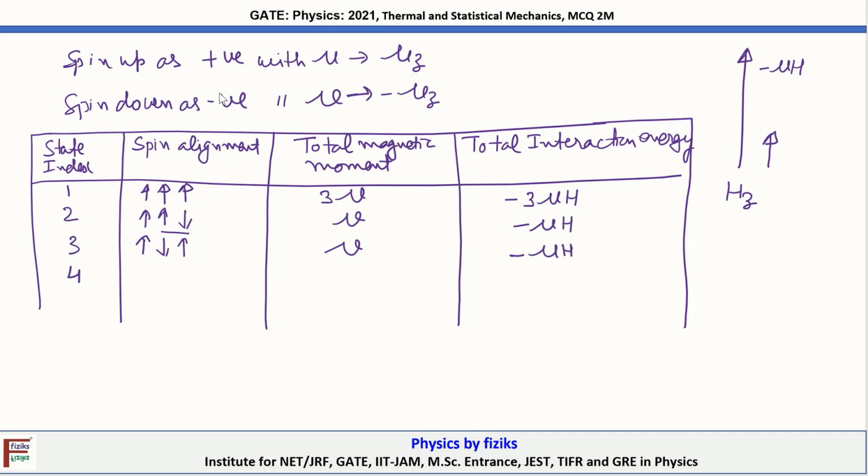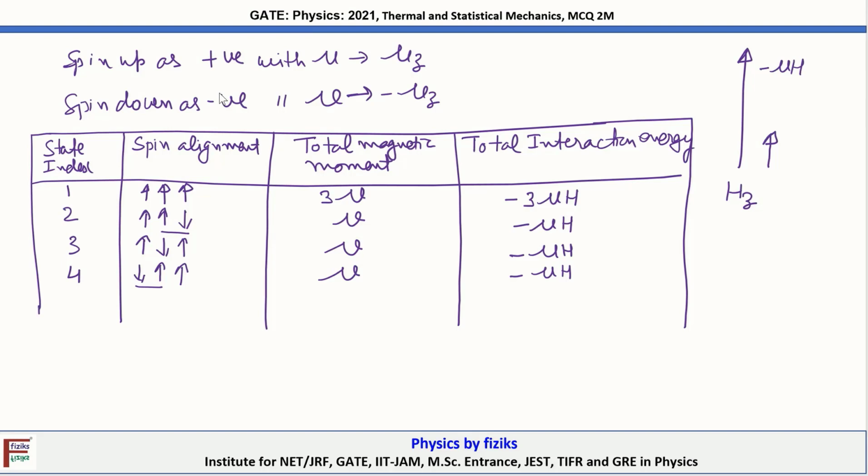The fourth case is down, up, up. The net magnetic moment is mu, since one up and one down cancel with each other, so we are left with only one spin up, and the interaction energy will be minus mu h.